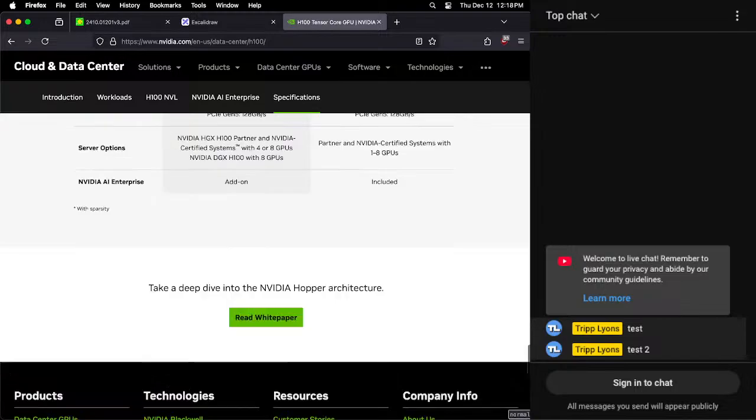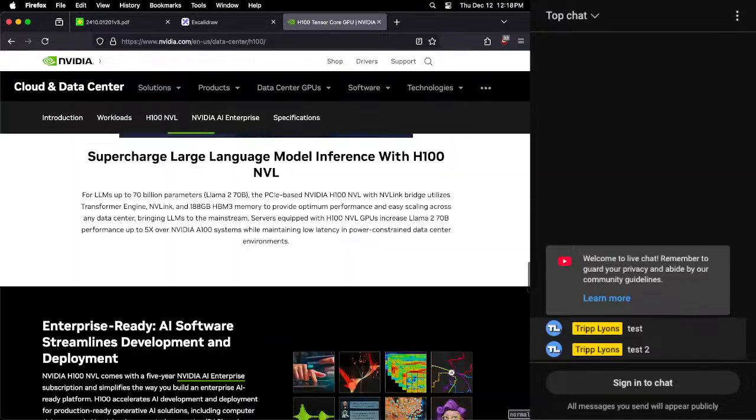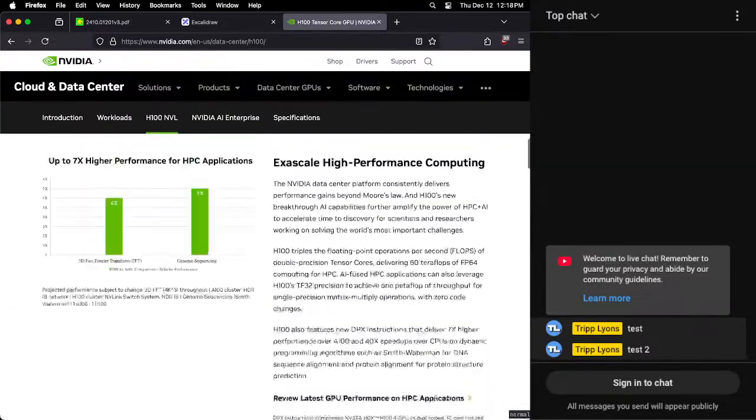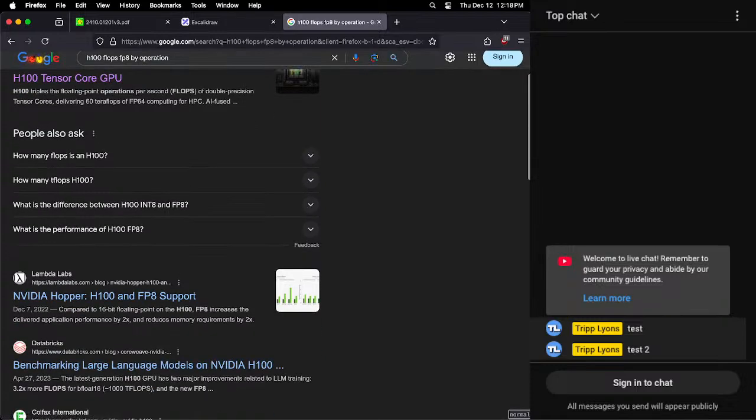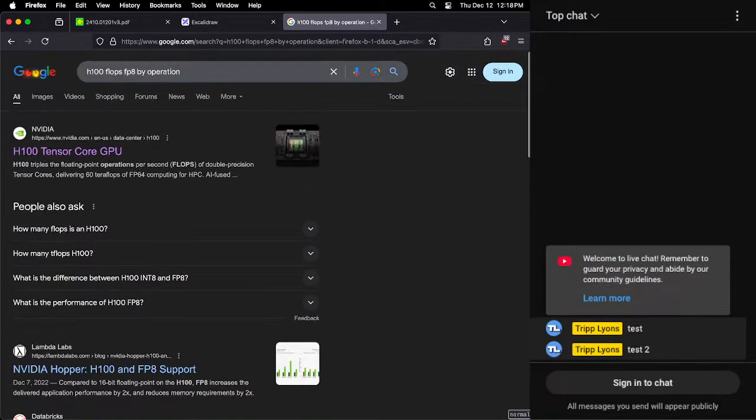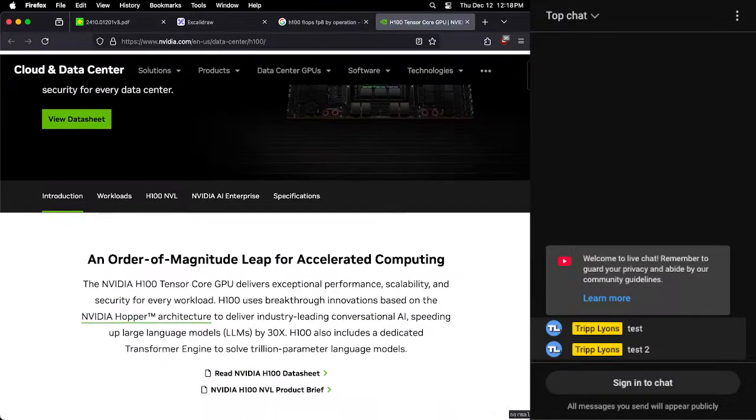Where can I find that information? I've seen this before. Is it on this page?